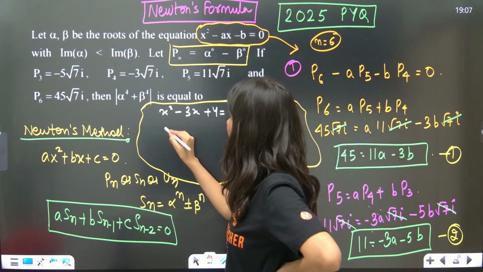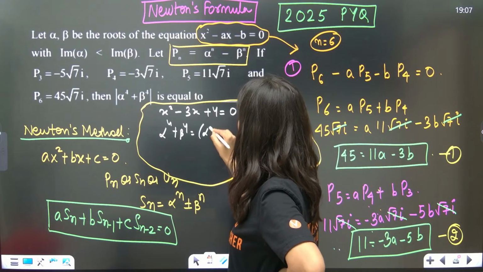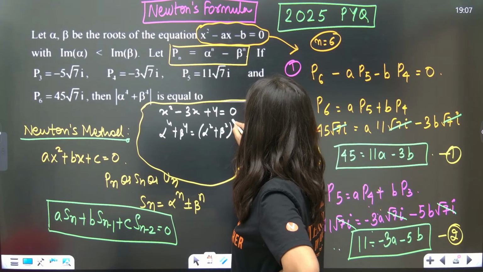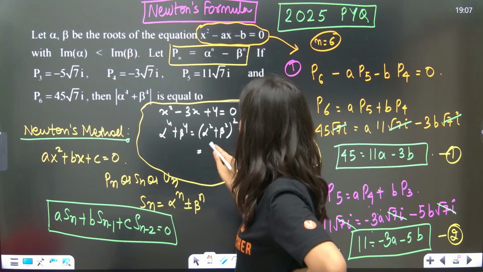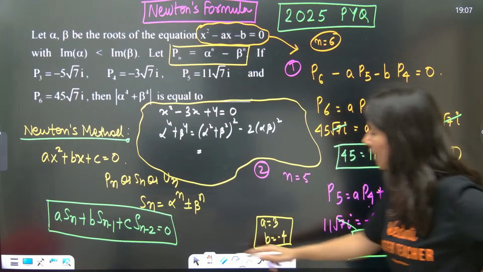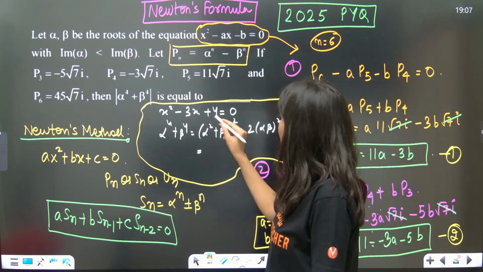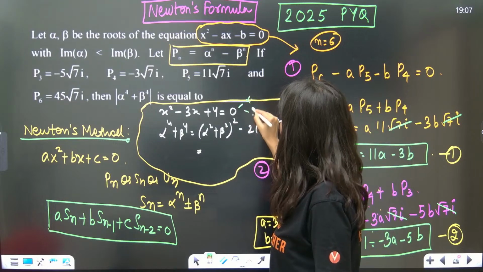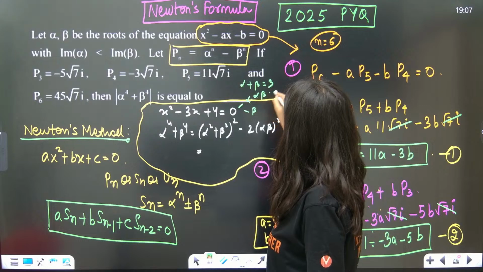So α⁴ plus β⁴ is (α² plus β²)² minus 2(αβ)². Now α² plus β², anybody tell me, that is (α plus β)² minus 2αβ. α plus β is 3, αβ is 4.